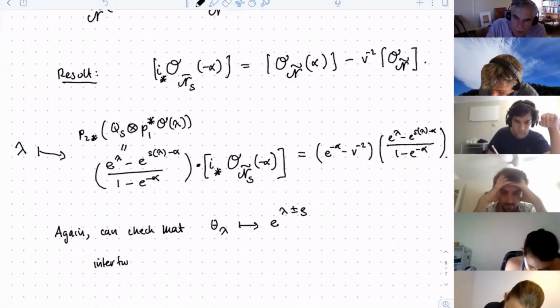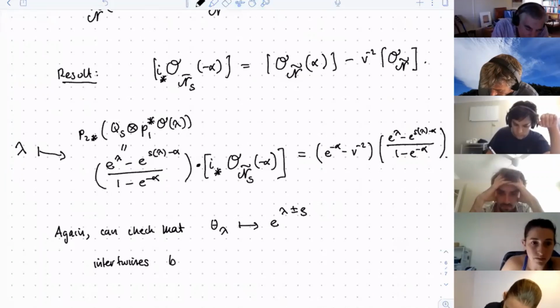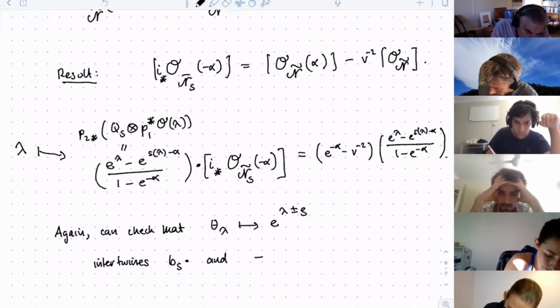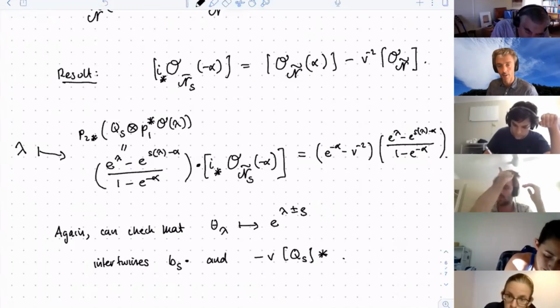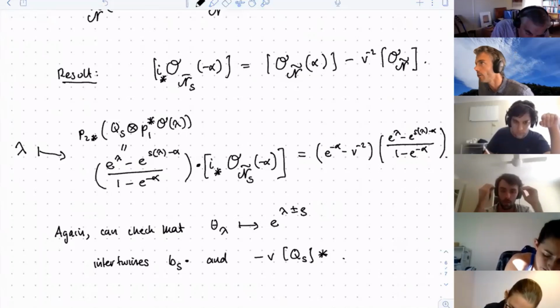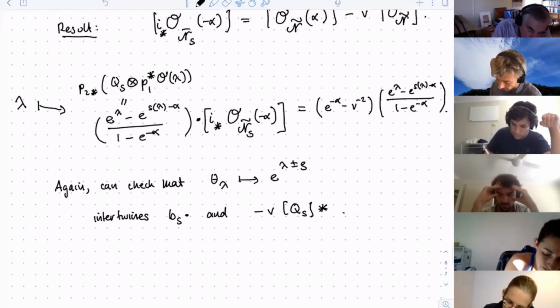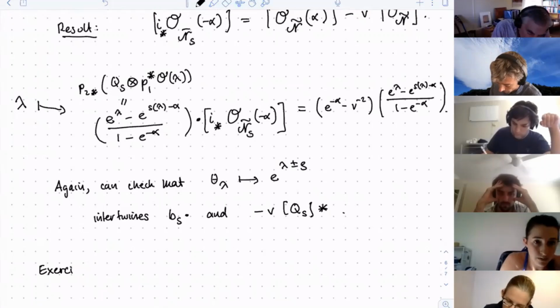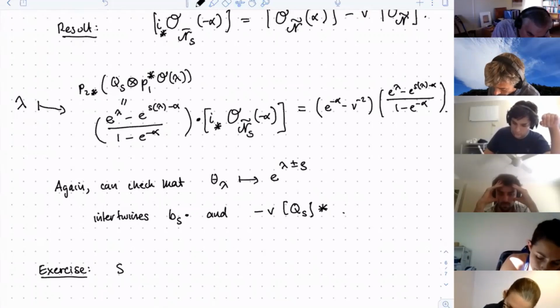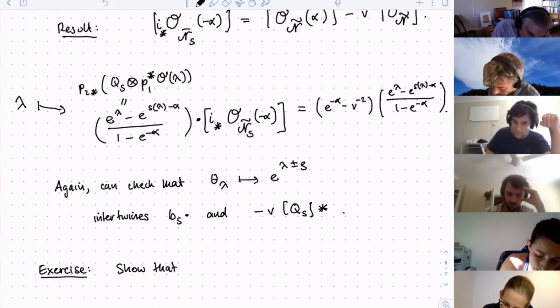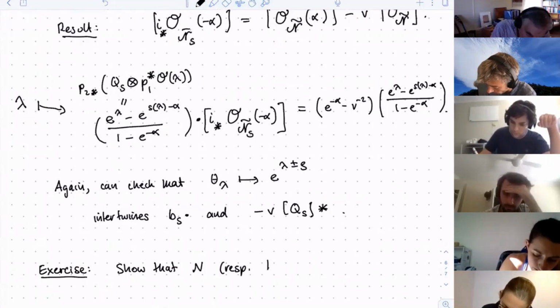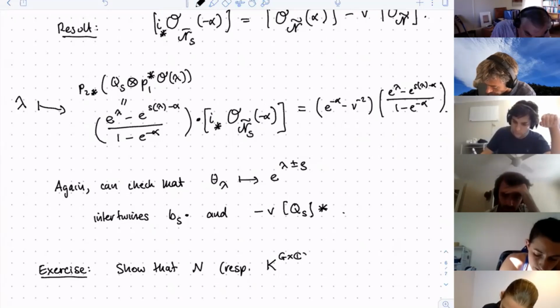It intertwines the action of Bs and minus V and convolution with this class. And then I'll just leave it as an exercise. Show that n, respectively, so you'll really need these formulas that we've just established.